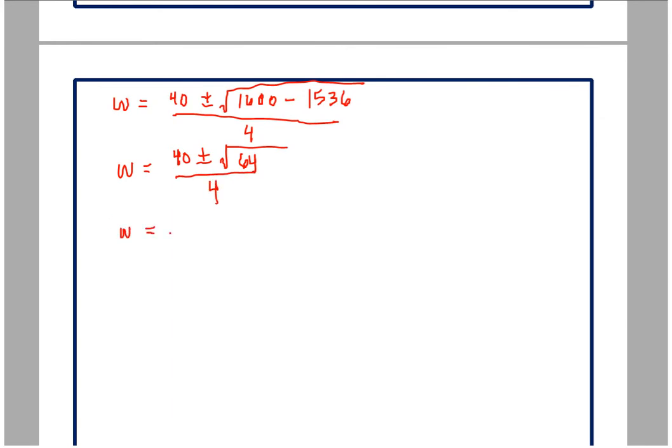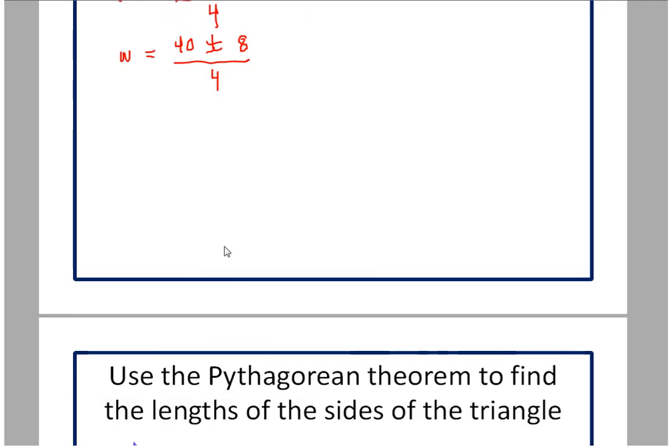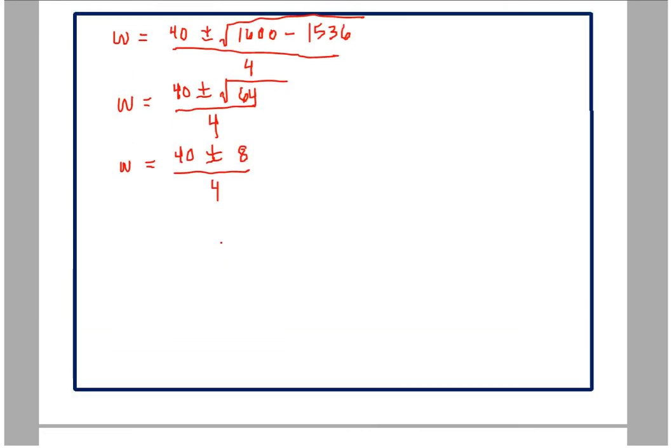Now let's do the square root. So we get 40 plus or minus, and the square root of 64 is just 8, over 4, which gives us two options here. So we have W equals 40 plus 8 over 4, or we have W equals 40 minus 8 over 4.